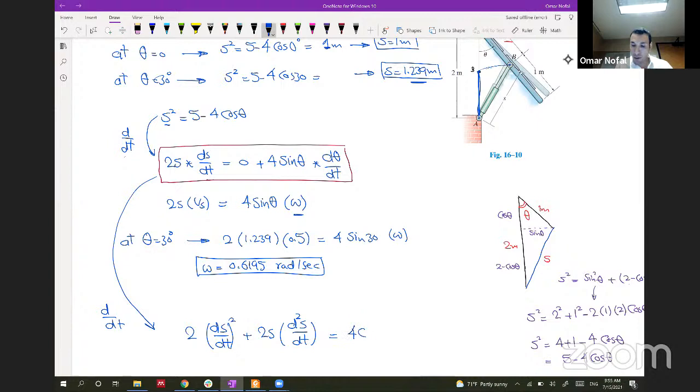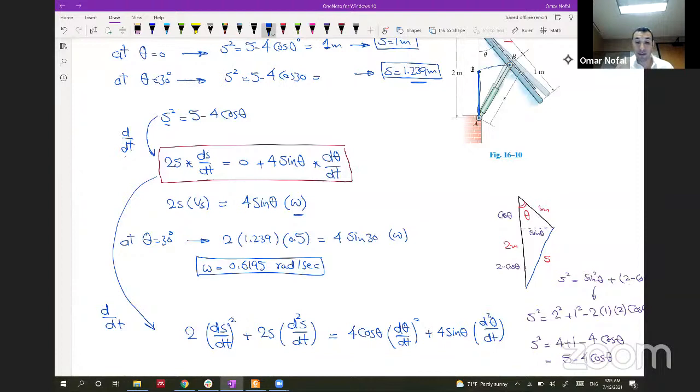And this should give us 4 sine theta. It will be 4 cosine theta, and we will have d theta/dt outside, and we have another one, so this one will be squared, plus 4 sine theta multiplied by the derivative of d theta/dt, and this will be the second derivative of theta.